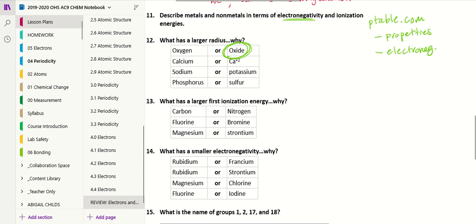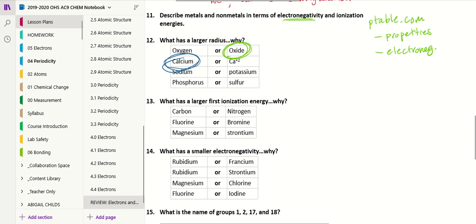Calcium versus Ca plus 2. Which one's larger? Calcium. Now, what's your justification? Well, I have the same amount of protons. I lost 2 electrons. Now your justification of more shielding actually makes sense.